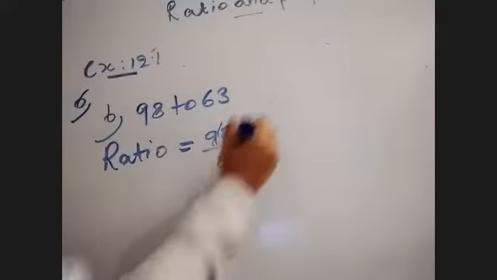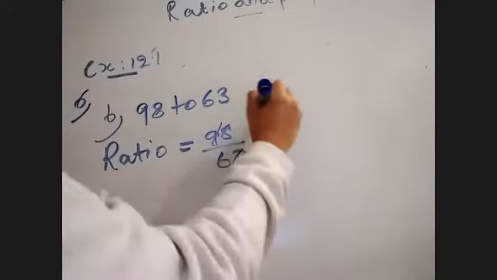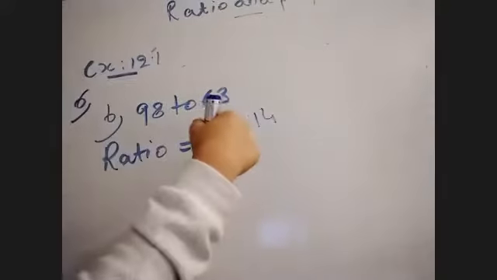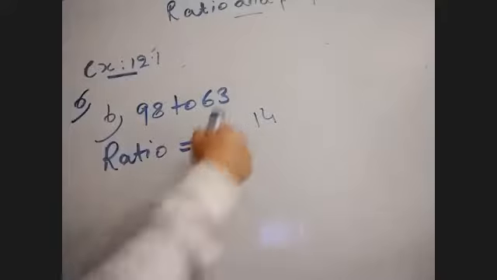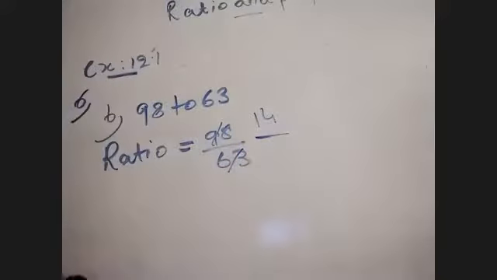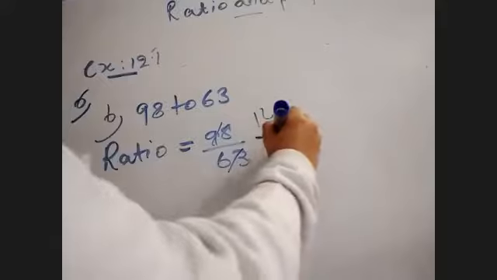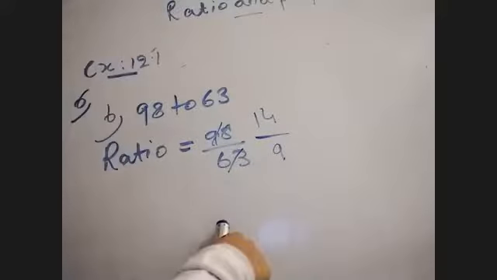7 fourteens are 98, and 7 nines are 63. That gives 14 by 9. Now can you divide this more?